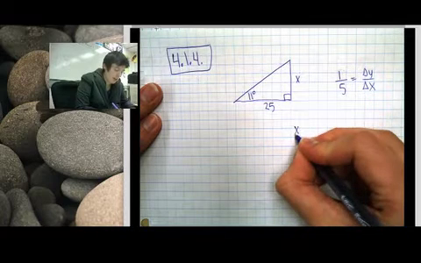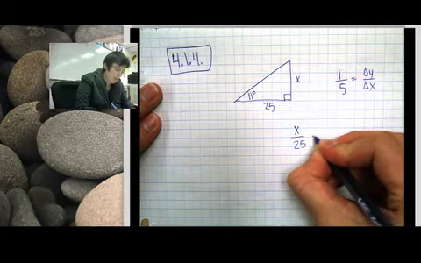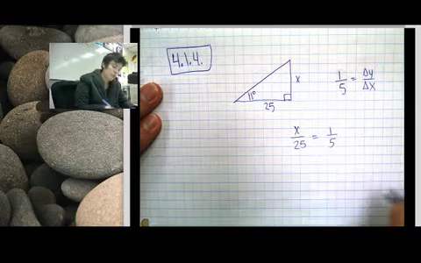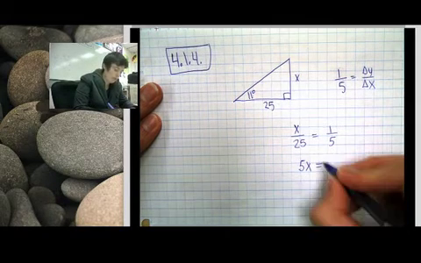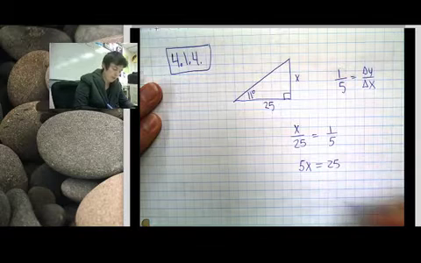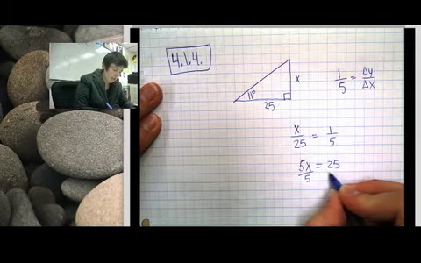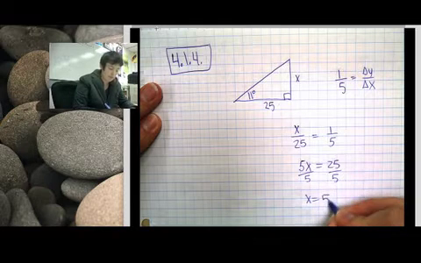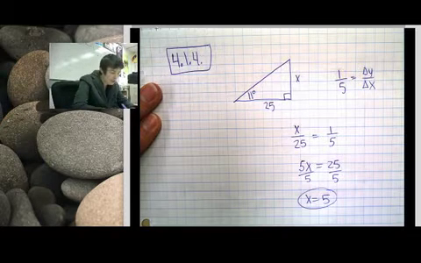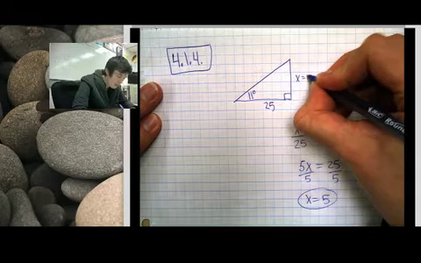So x over 25 equals 1/5. Cross multiply, so 5 times x is 5x. 25 times 1 is 25. Divide by 5 on both sides. And 25 divided by 5 is 5. So we got an answer, x equals 5, so this must be 5 units long.